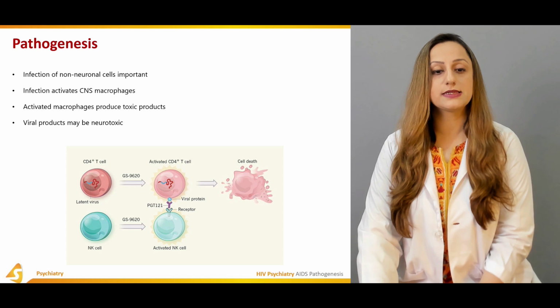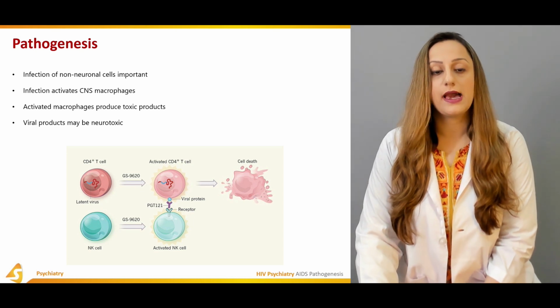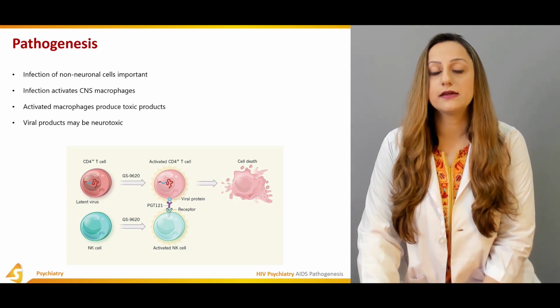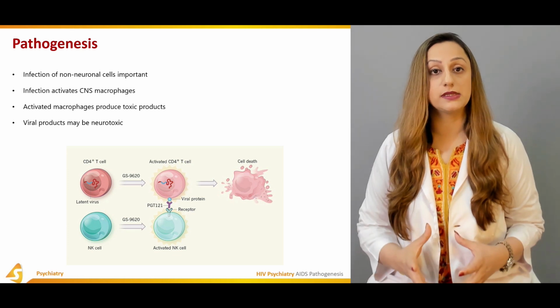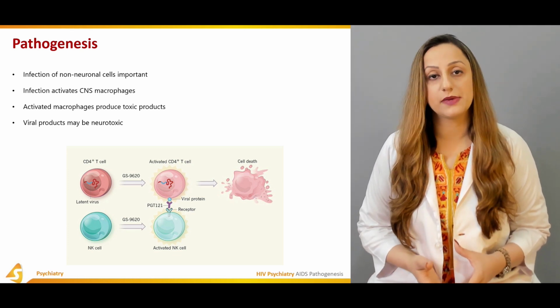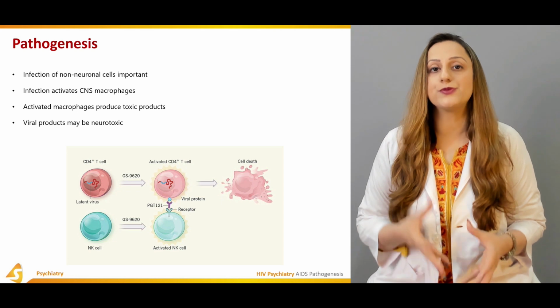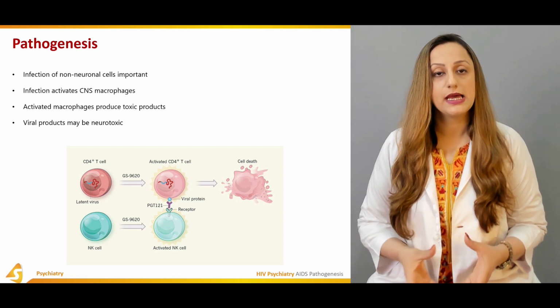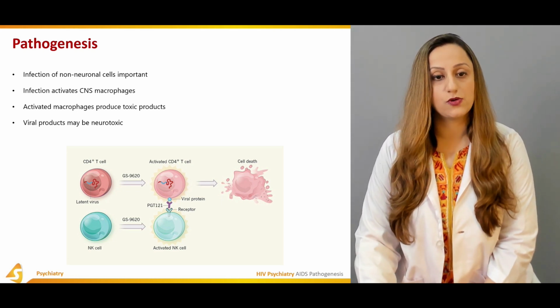The viral products may be neurotoxic even, and that is why they can form biochemical imbalances, and these biochemical imbalances indirectly produce the neuropsychiatric complications in the patient as well.